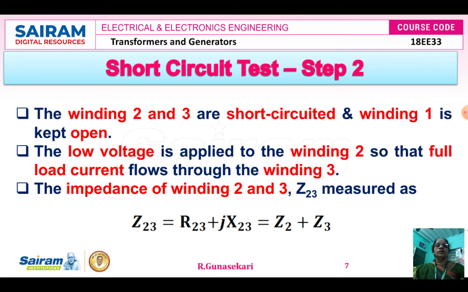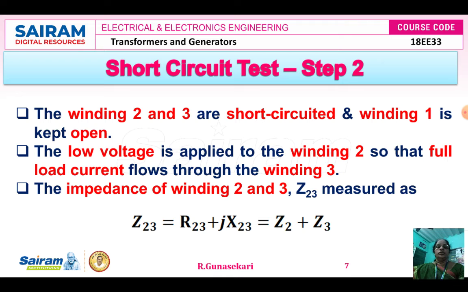Then the second step of the short circuit test. In the second step, winding 1 is kept open, but windings 2 and 3 are short circuited. Now low voltage is applied to winding 2, then the full load current flows through winding 3.